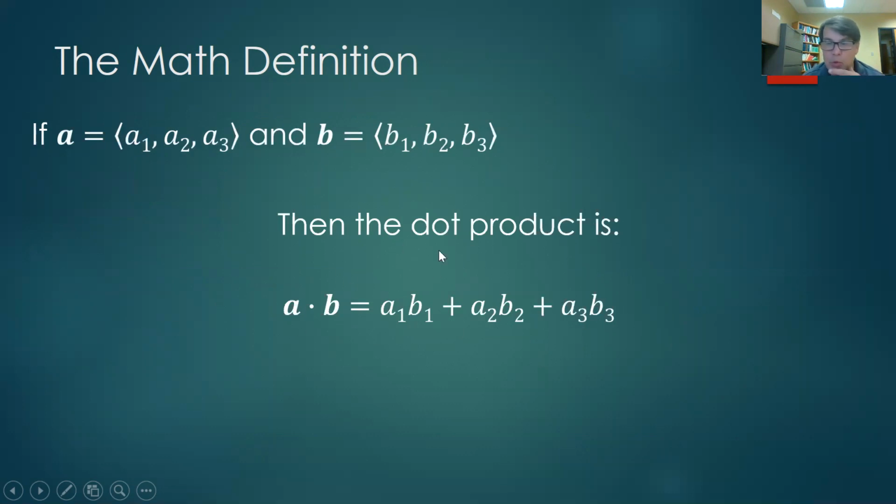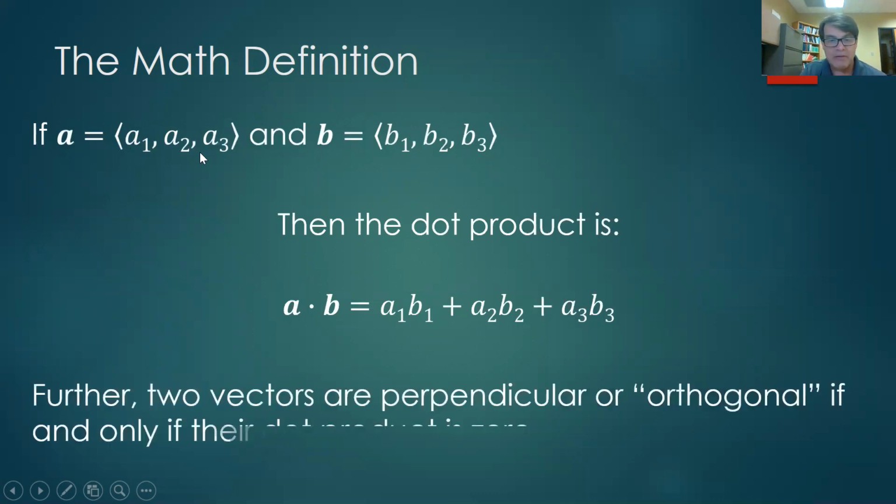And so we don't have to worry about what direction it's going in when it comes to doing this. But we're basically multiplying the similar components of each vector times each other and then adding it all together. And this comes out exactly the same as what we did with the physics approach. AB cosine theta comes out exactly the same. But this is a way of doing it in a more abstract kind of way.